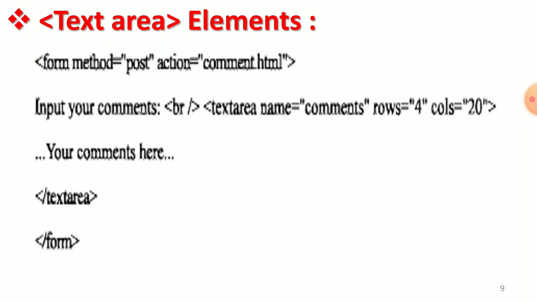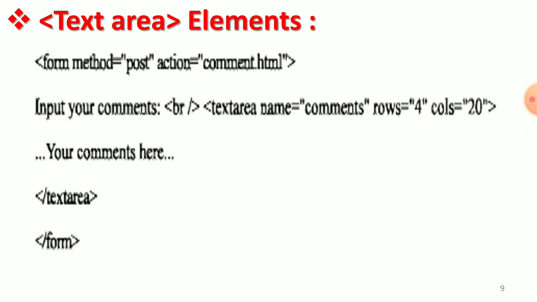Form method equals to post, action equals to comment.html, input your comment, br, textarea name equals to comments, rows equals to 4 and cols equals to 20, and then your comments is here, slash textarea and slash form. That is over.